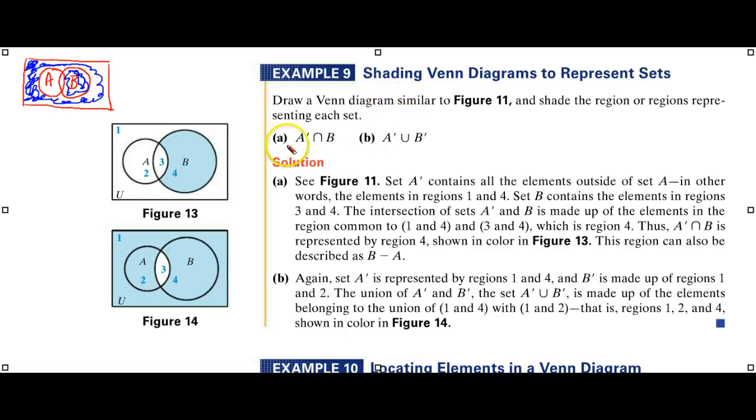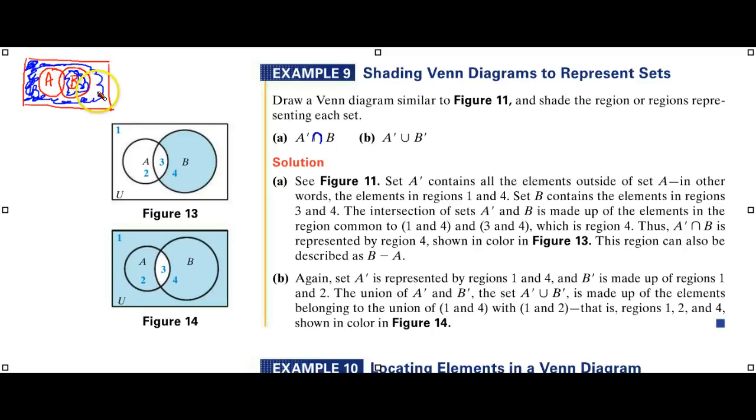In letter A, we're asked to look at the complement of A in intersection, I should say, with B. So what would the complement of A be? A prime. Well, it would be everything outside of A. So I shaded it in.